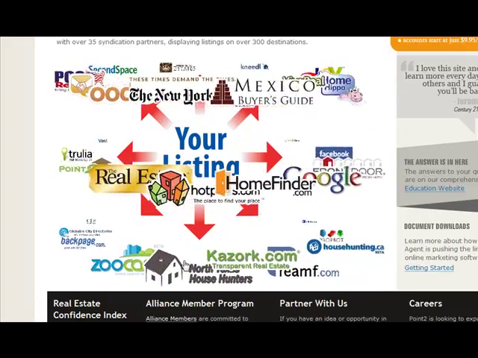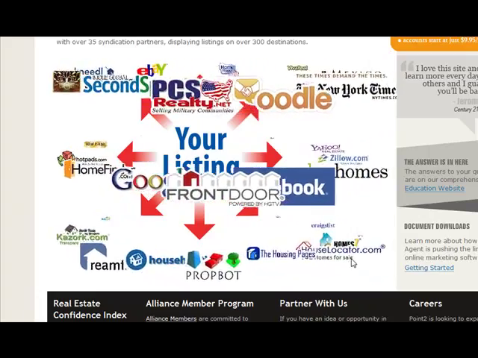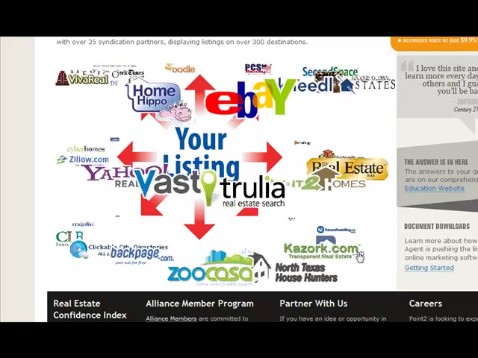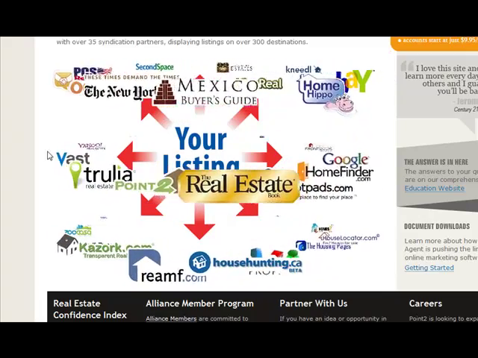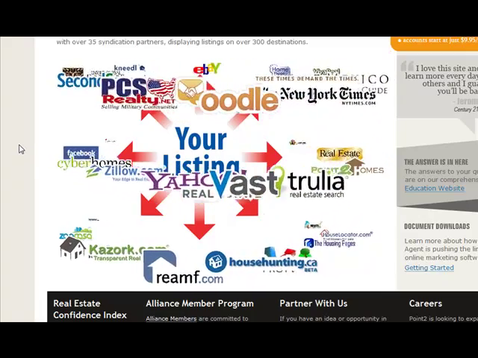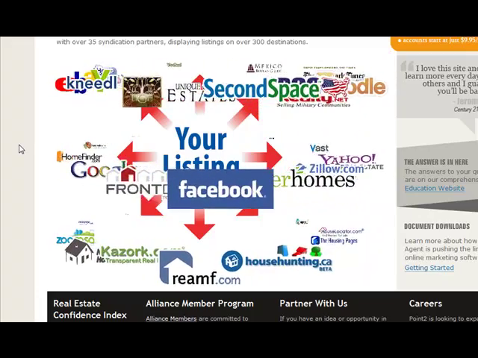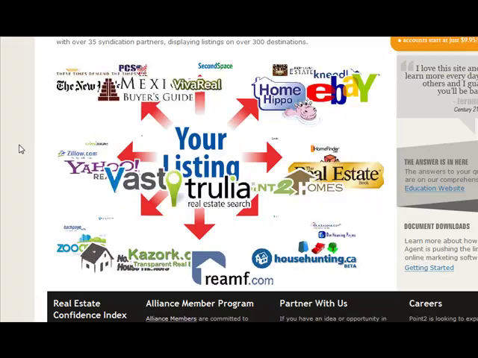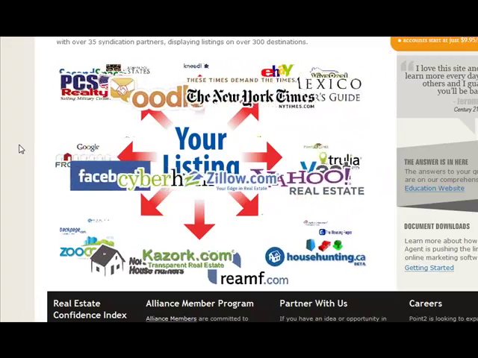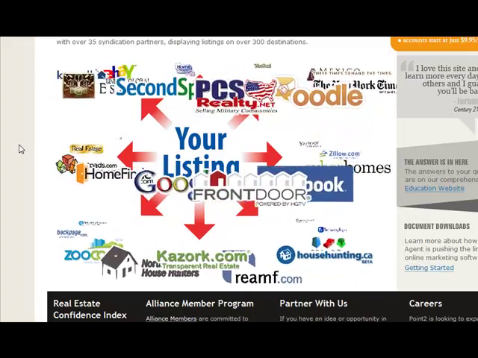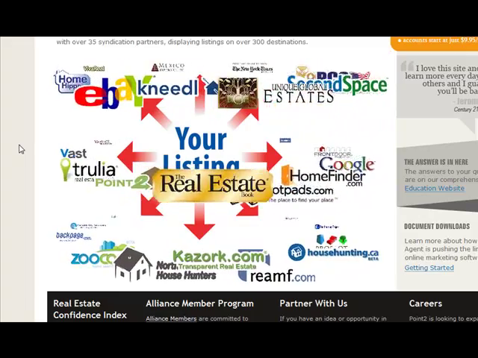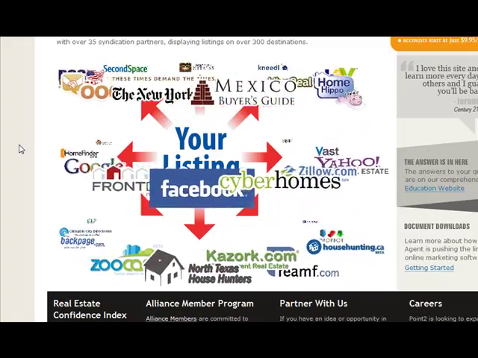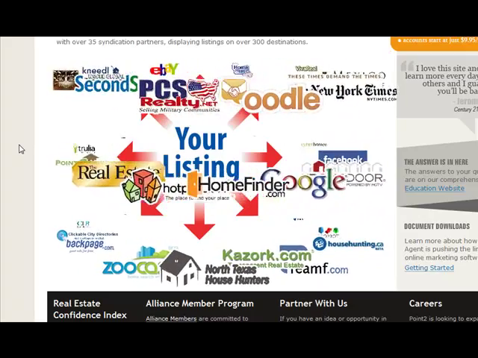Like you can just see, these are all very large sites that bring in millions of visitors, millions upon millions of visitors, and those are people that should be seeing your home. So you need to build your strategy around it so that you're actually marketing your home to its best ability on the internet instead of just trying to post it on your site or have it show up on realtor.ca or whatever your local MLS system is, or your state MLS system, however your area works.